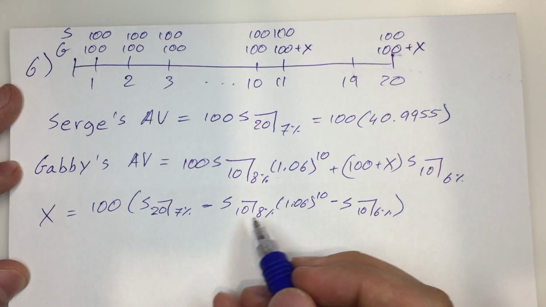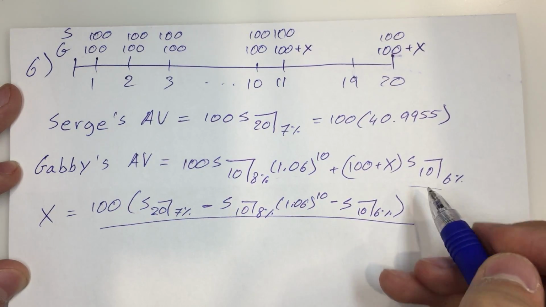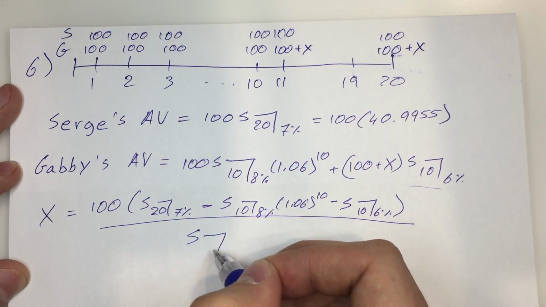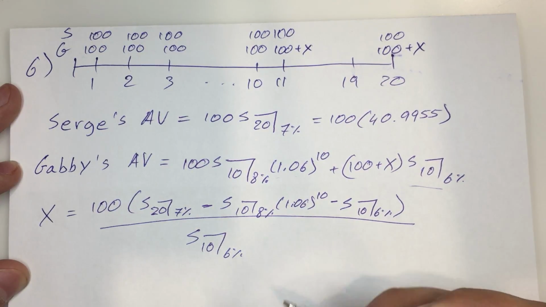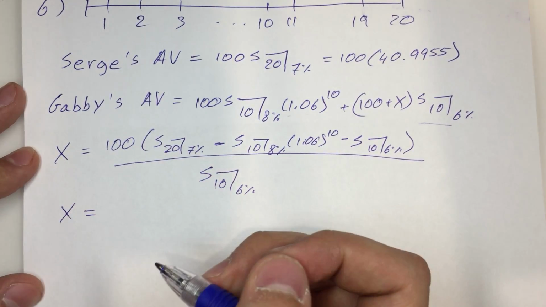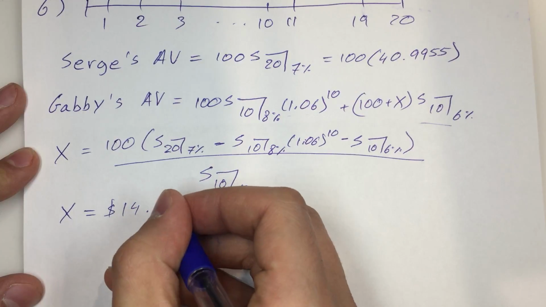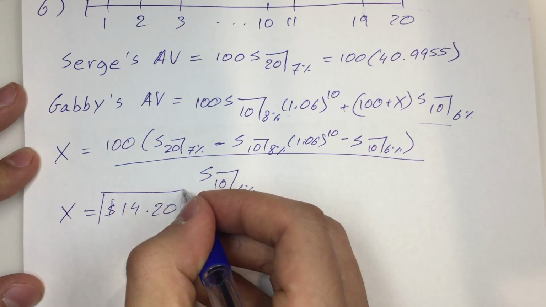So it's Serge's payments minus part of Gabby's payments divided by this coefficient right here, which is S angle 10 at 6%. So just plugging in, a lot of algebra will give us the final answer, which is X equals $14.20.